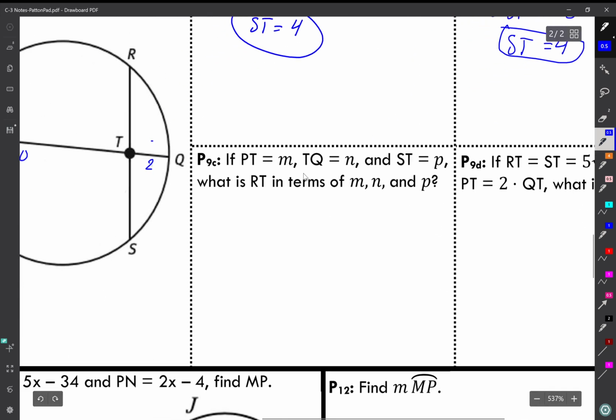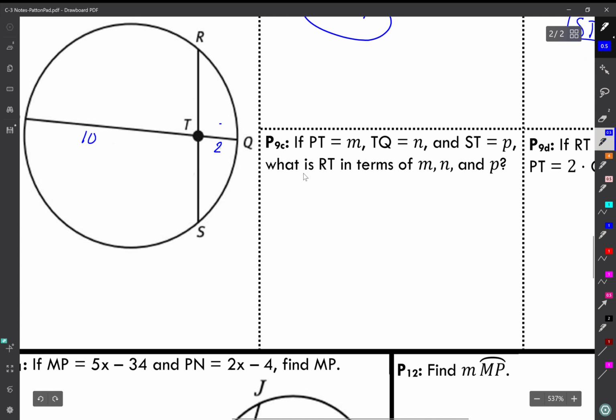Awesome. Now this one, we're just dealing with everything in terms of letters, but it's still the same method to solve this. If PT is M, TQ is N, ST is P. Find RT in terms of M, N and P. Okay, so we'll just plug in what we know. P times whatever RT is equals PT times TQ, which is M times N, so MN.